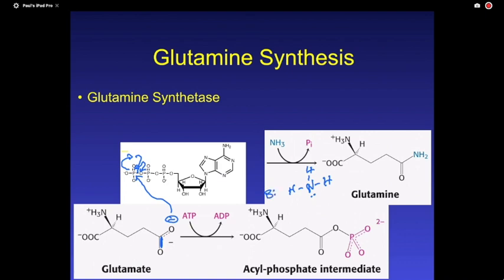The lone pair on ammonia is a very weak nucleophile. It can attack, but if the base takes off that proton, I now have a full negative charge, a strong nucleophile that can attack the electrophile. I kick up, I kick down, that pair of electrons goes off. Phosphate is the leaving group, and now you've made 2 of 20 amino acids.